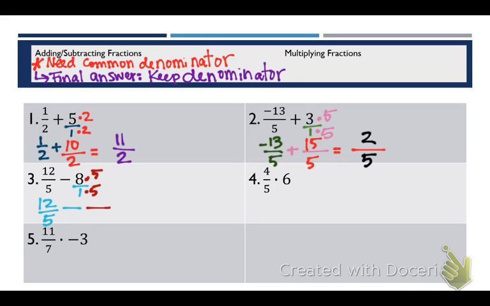What is my new fraction going to look like? 40 over 5. Make it a different color. 40 over 5. All right, so then is my answer going to be positive or negative? Negative, because 40 is bigger. What is 40 minus 12? 28. And then the bottom will be 5.